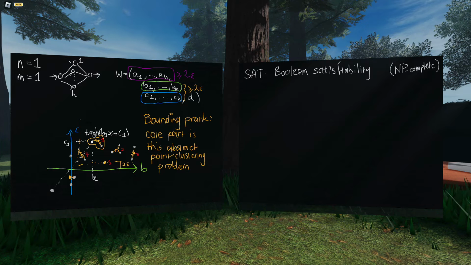Okay, so that's one problem. Another problem I called uniform point covering, UPC. This is the abstract point clustering problem that I just talked about briefly.